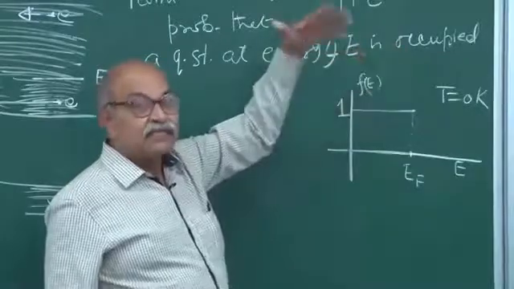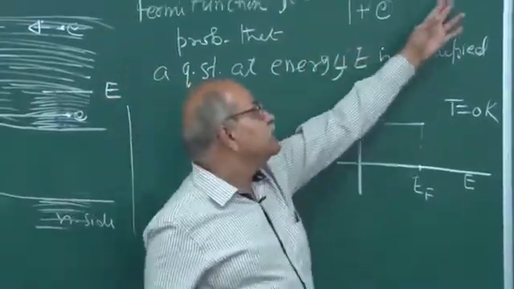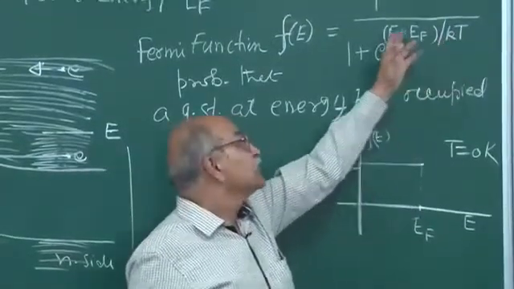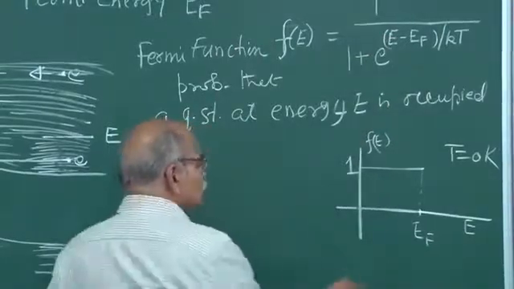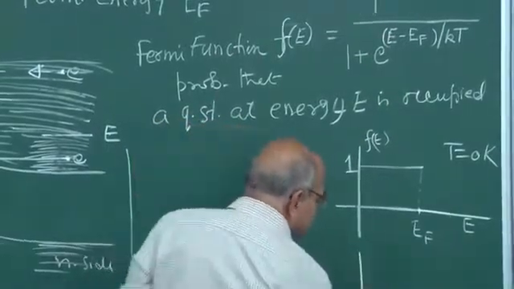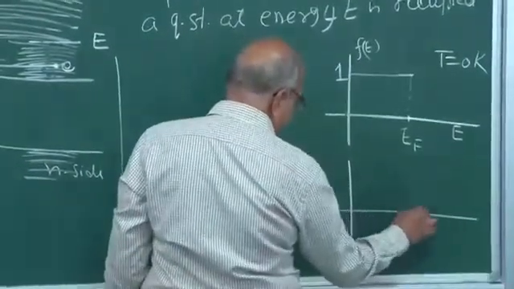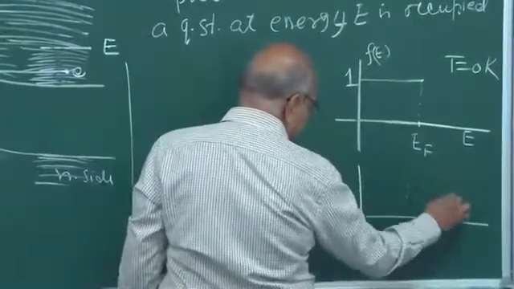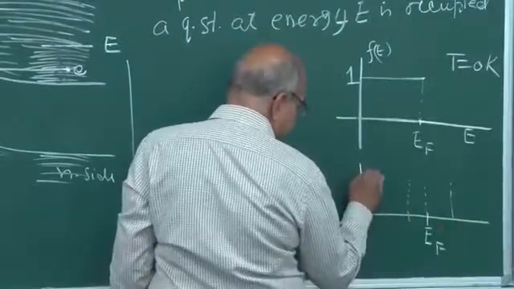But if you raise the temperature, if you come to say room temperature where kT is 0.026 electron volts, and you have some EF and at some energy you are asking, what will happen? This gets modified, but still the modification is close to this EF only. So if this is EF, then the function looks like this.